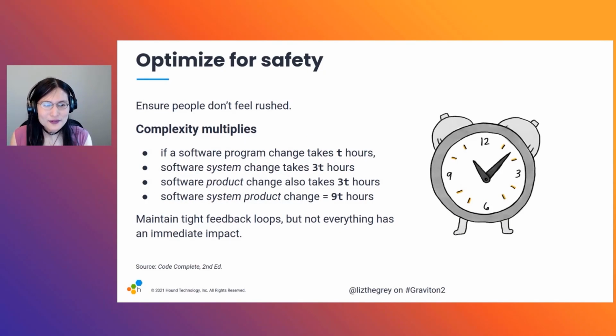And optimize for safety, right? So make sure that people are thinking about, not just pushing and running out the door, but instead, how do we make sure that this is sustainable, right? If it takes 3 hours for me to write this pull request, I'm probably going to want to watch it, right? Deploy at the beginning of the day and watch it the whole day. And if I'm deploying an infrastructure change, I'm not going to ship it right before I walk out the door, right?